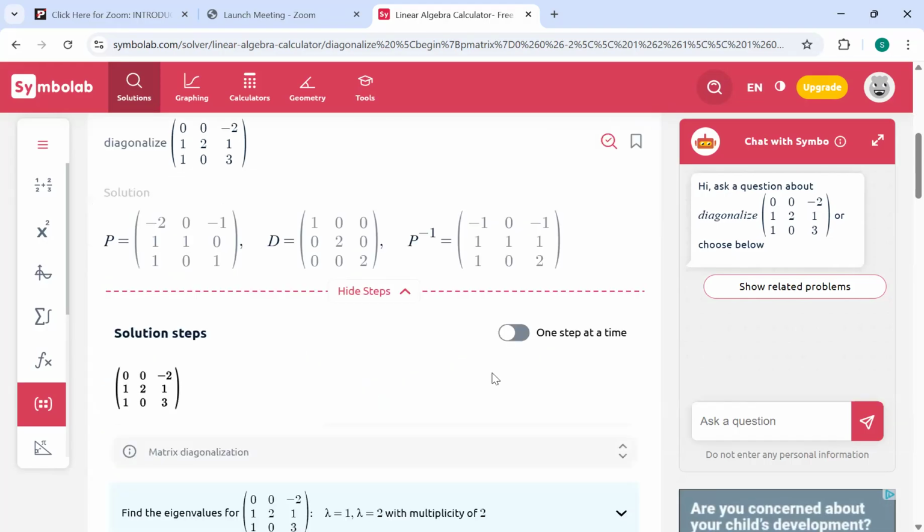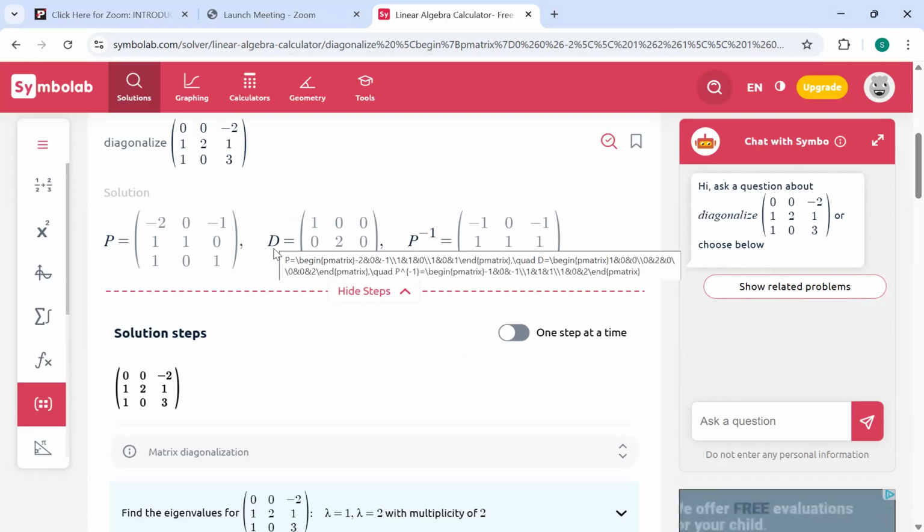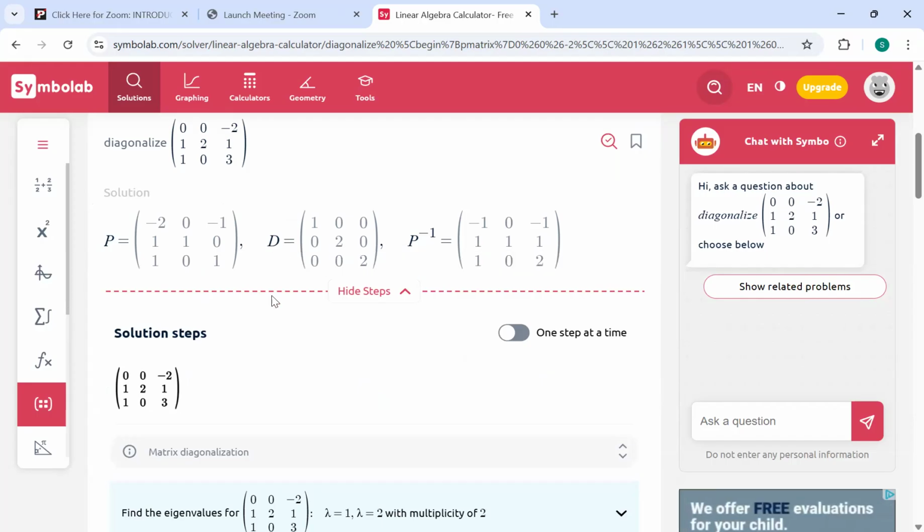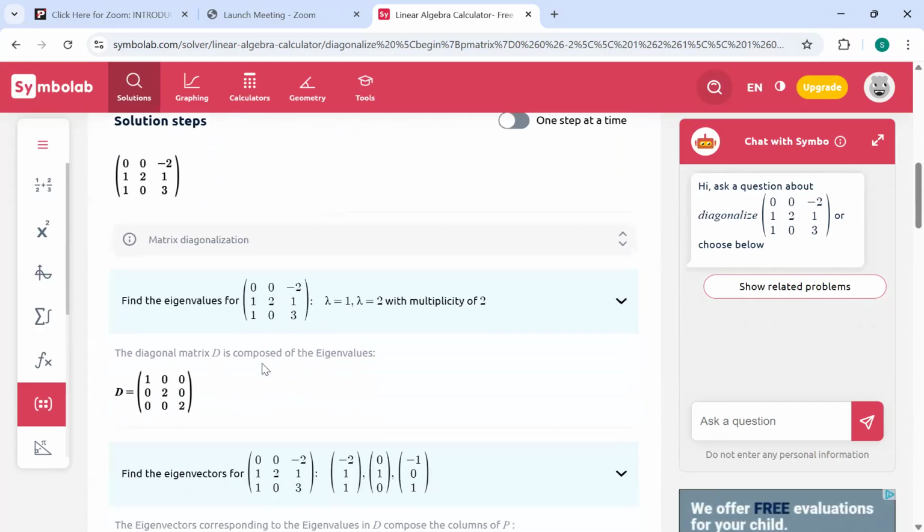And now if you look at the steps here, remember D is what I had in my notes as B as in boy. That's D. And these are the steps. So the eigenvalues, lambda 1, 2 with multiplicity of 2. That's exactly what we found.